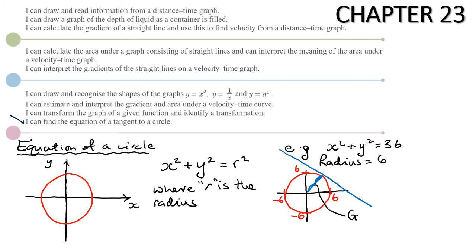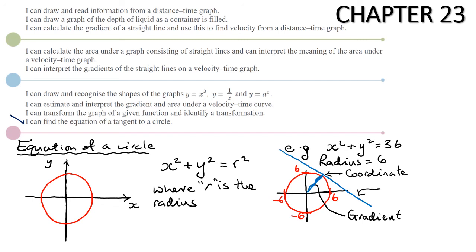So we'd start by finding a gradient of that, and we should be able to find it because we might be told what this coordinate is here. And then we can use that to find a gradient of that.